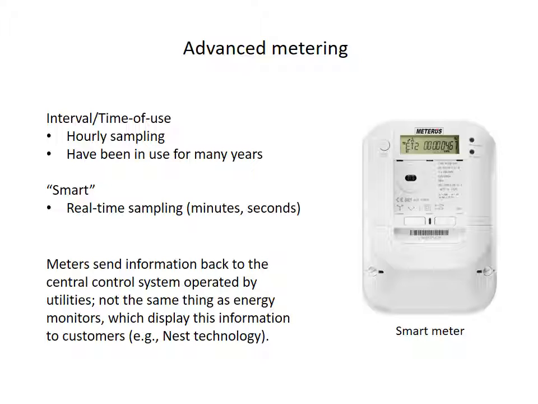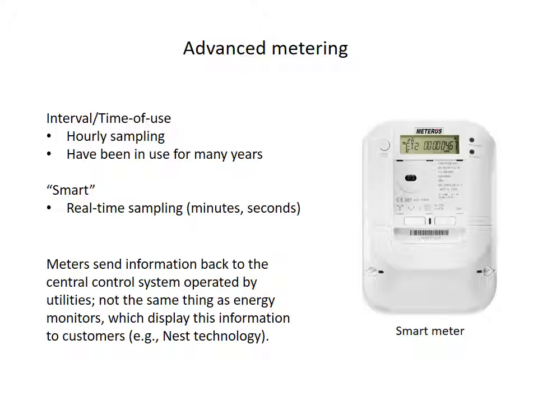And there's two different types of metering. There's interval time of use meters, and these have been in use for years and years, right? And this gives you an hourly sense of how electricity demand is changing.